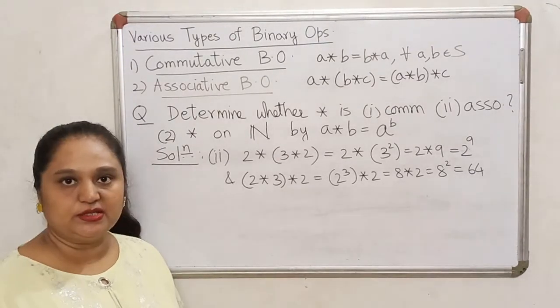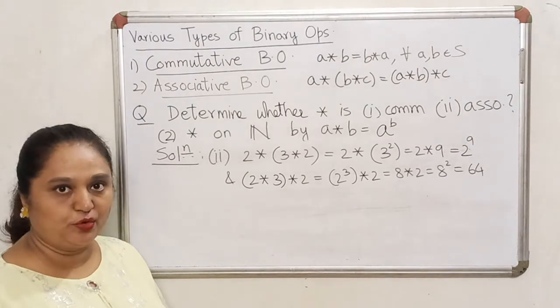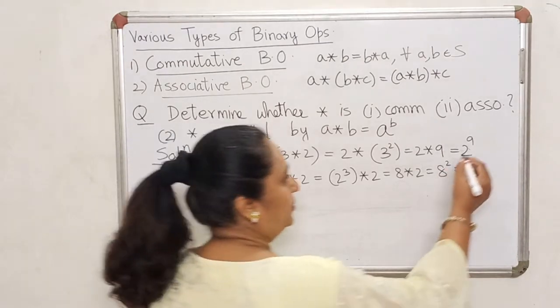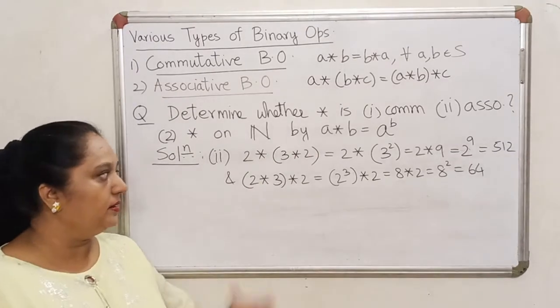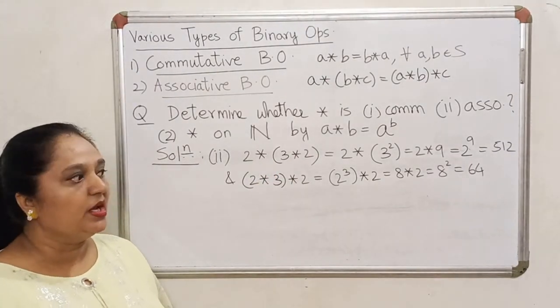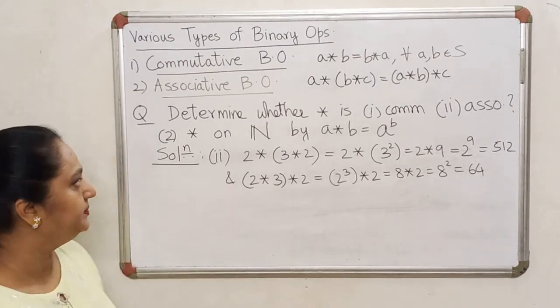Definitely 2 raised to 9 is not 64, because I think 2 raised to 6 itself is 64. Then 2 raised to 7 will be 128, 256, and this will be 512. So again, this element is not the same as this. So this operation is not associative on N.